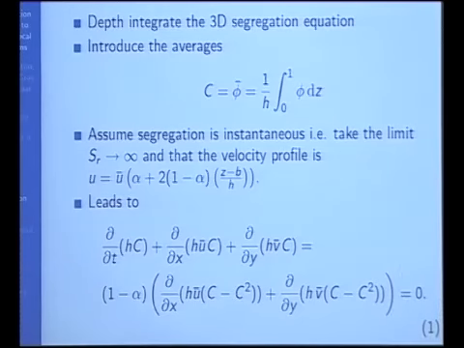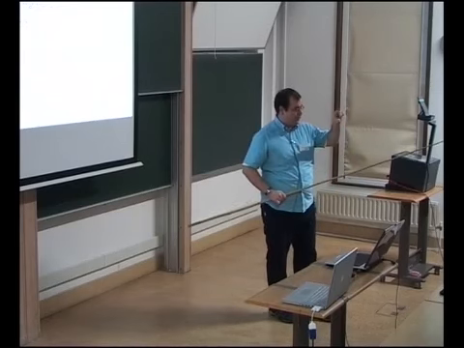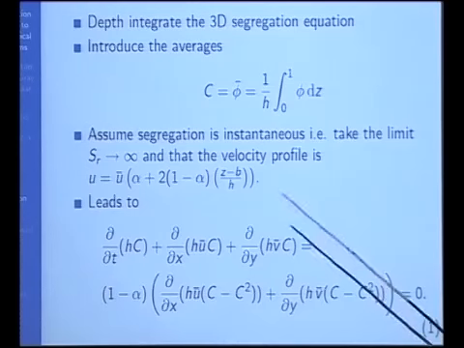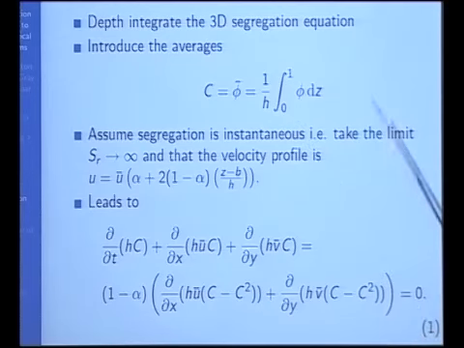This is the assumption that materials segregate very quickly. I'll come back to that assumption a bit later, but it's required for the depth integration because you have to assume something about the vertical structure. So we take the SR limit, so we assume everything's already segregated in that sense.